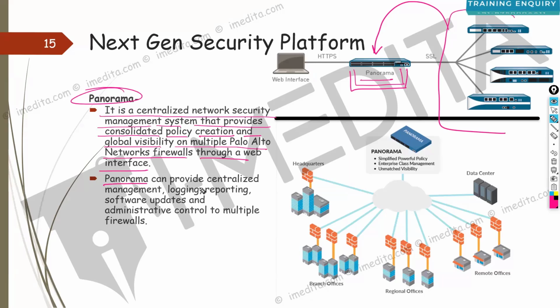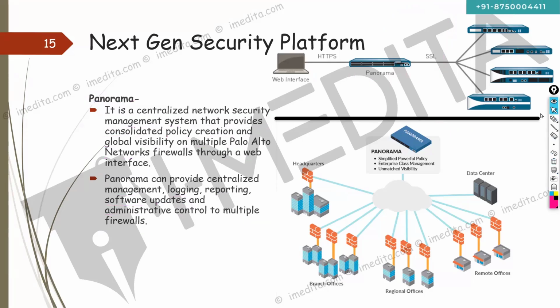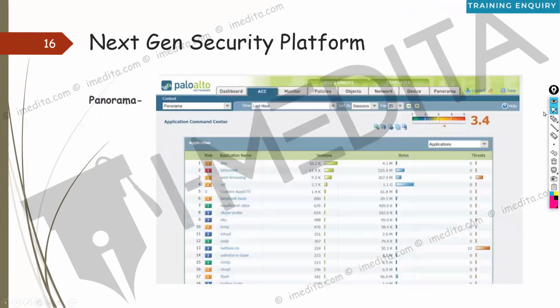With the help of Panorama, you can provide centralized management, centralized logging, reporting, software updates, and administrative control to multiple firewalls. So, conclusion: if you have multiple firewalls, you can manage them via a single device that is called Panorama. Clear? So this is just your introduction here.